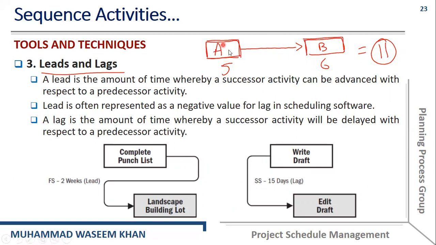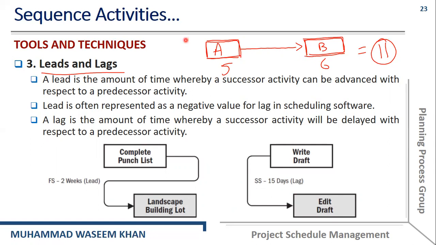But for example, when we complete activity A in 5 days, if it is not possible for us to start activity B on the sixth day because of some delays or the unavailability of resources, etc., then that is called delay.